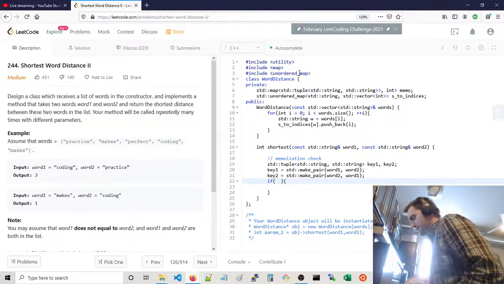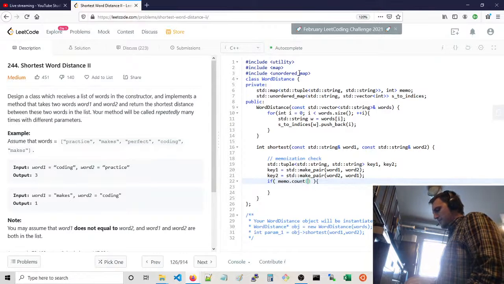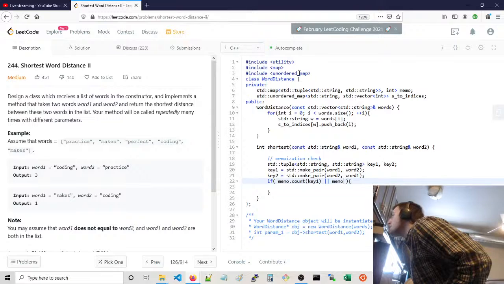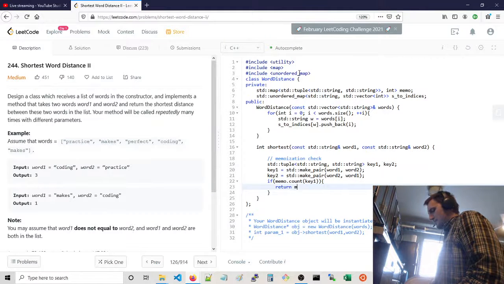Say if count of key 1 or memo, could do both. Yeah, we say memo key 1 or memo of key 1.